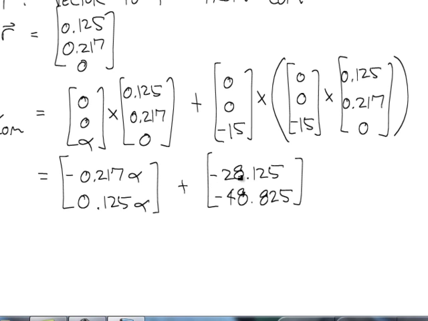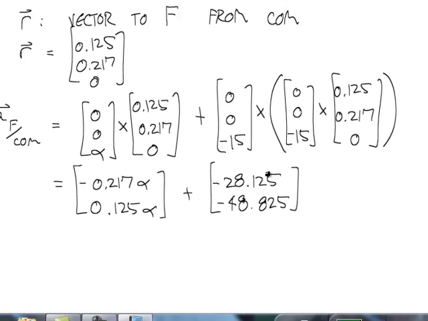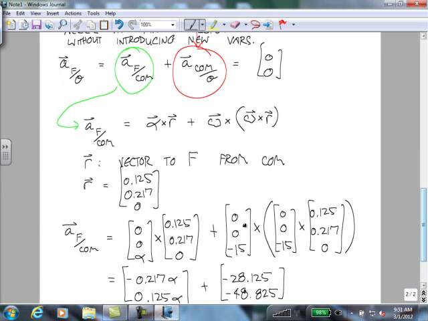This is the green. So now we want to add it to the red and set that equal to 0.